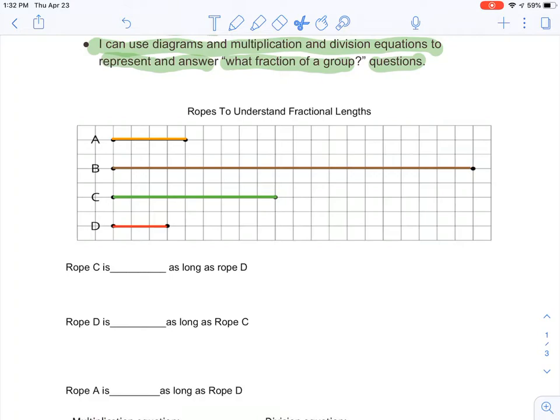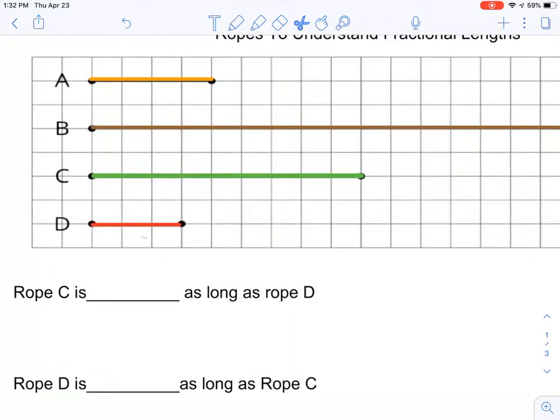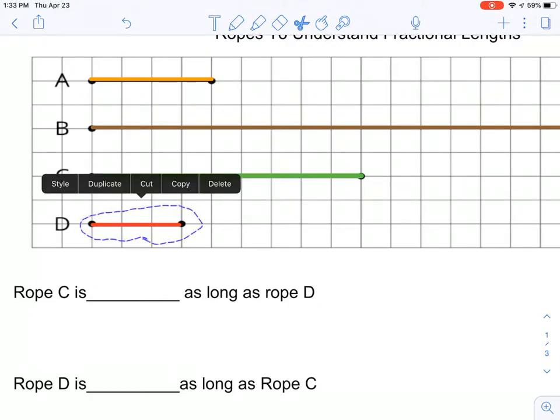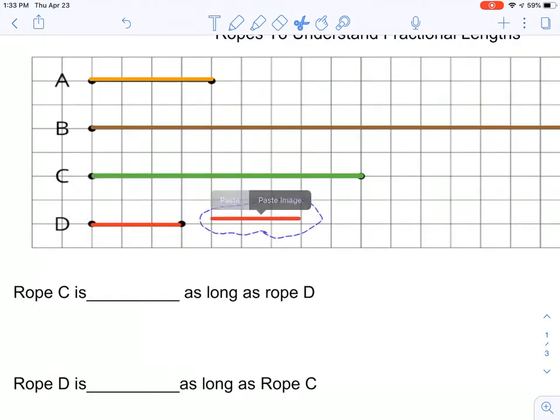Now one way to do this question is you can always go ahead and take in Notability a copy and paste or a replica of rope D and see how many times it fits in. So it looks like it fits in 1 time, 2 times, 3 times.